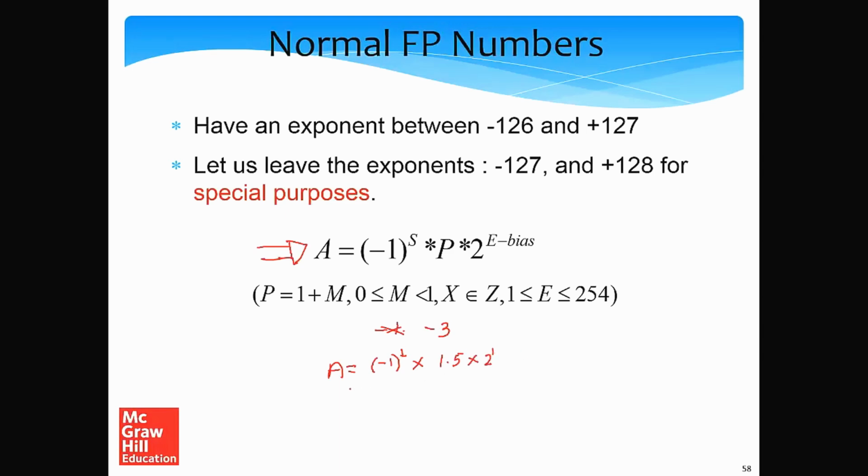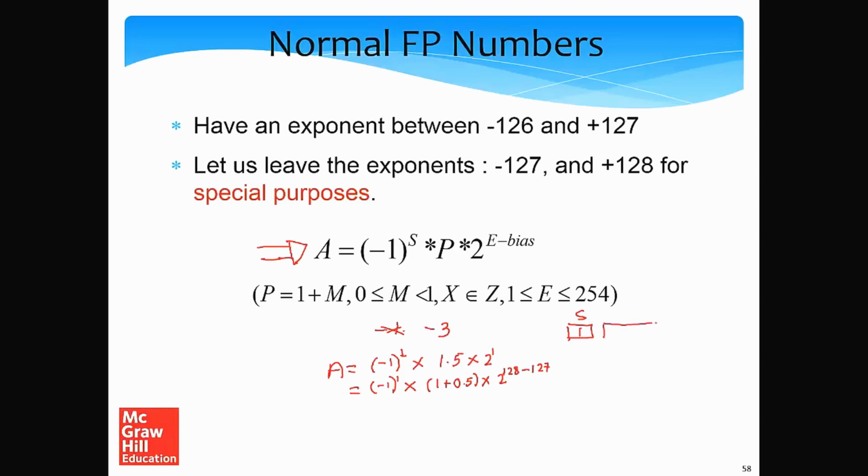So this is equal to minus 1 to the power 1 multiplied with 1 plus 0.5, where 0.5 is the mantissa, multiplied with 2 to the power 128 minus 127, where 127 is the bias. Now if I consider the representation of this number in binary, then the sign bit will be equal to 1 because the number is negative.